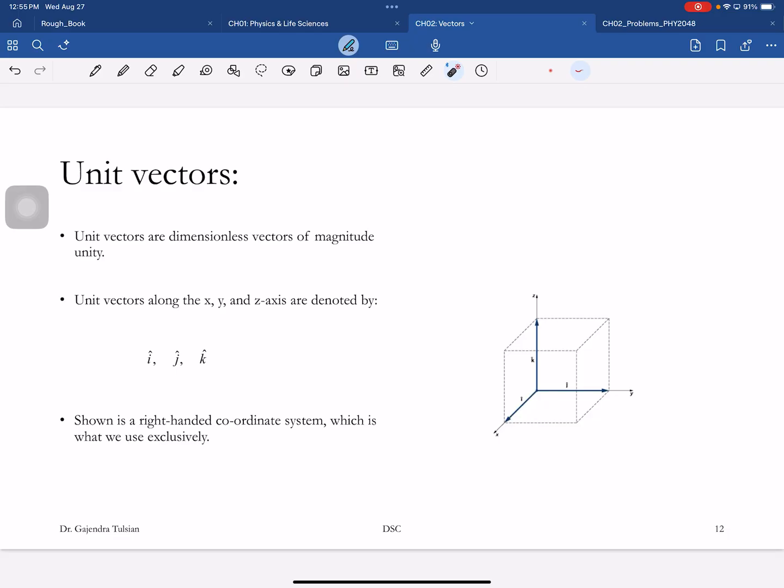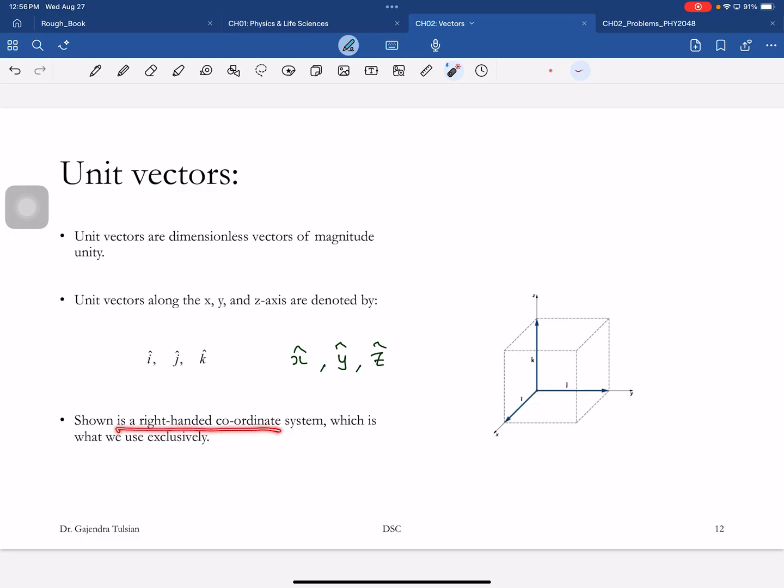I points along the x-axis with unit length, j along the y-axis, k along the z-axis. You want to get used to various notations. Some books use z hat. I like to use i, j, and k.